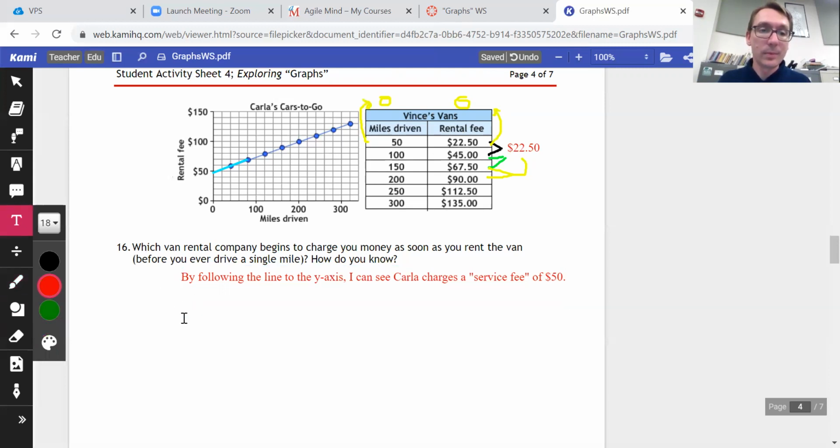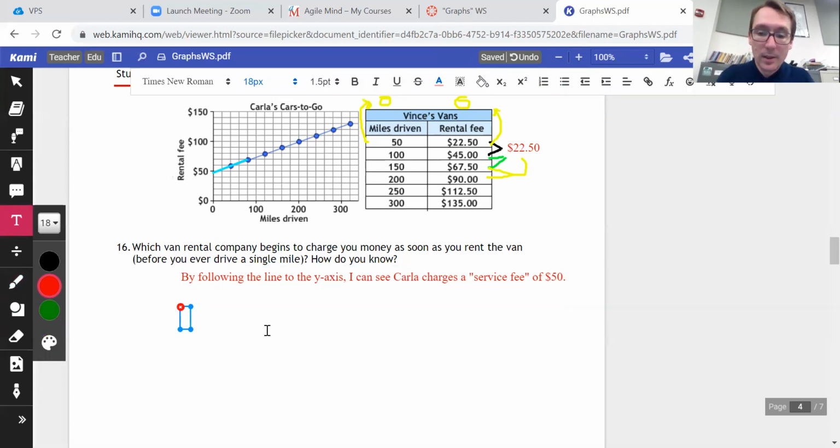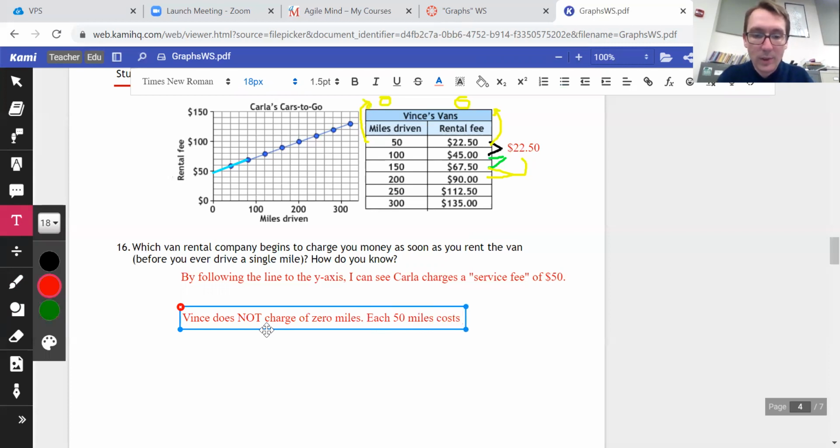So, what can I say about Vince's vans? Vince does not charge for 0 miles. Each 50 miles costs $22.50.